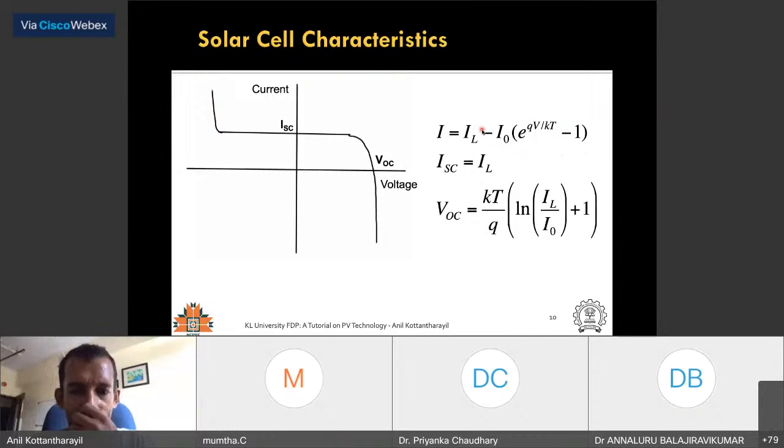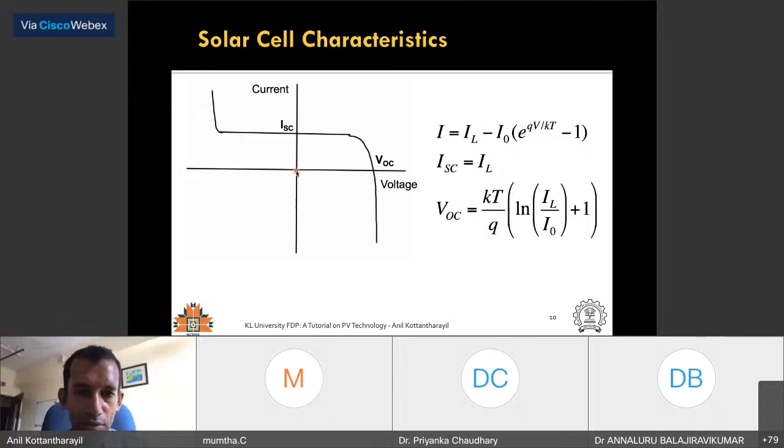Now, this is a diode characteristic, but it's kind of flipped over because that is the convention in the PV community. When you shine light, this is the diode characteristic. Usually we draw this part on this side, and this is your forward biased diode characteristics.